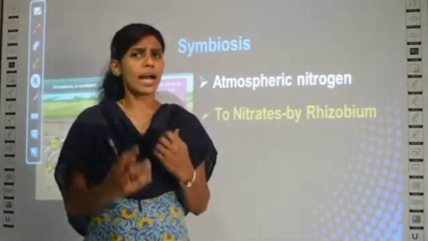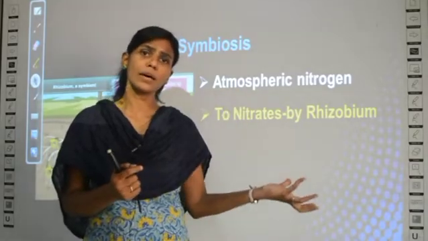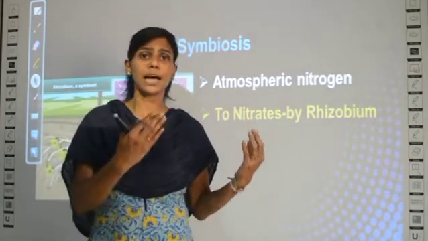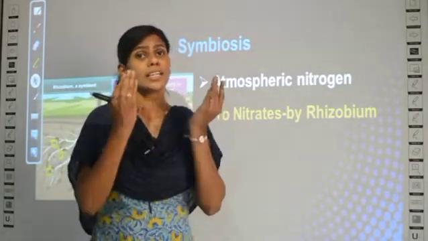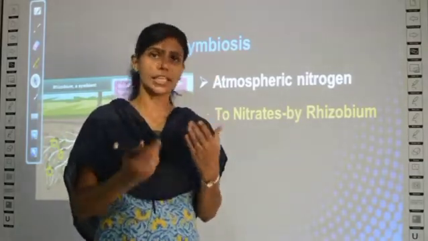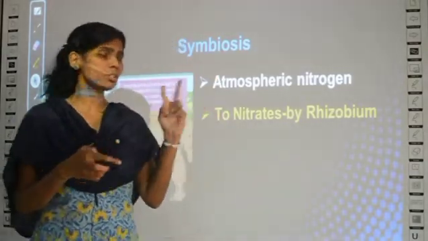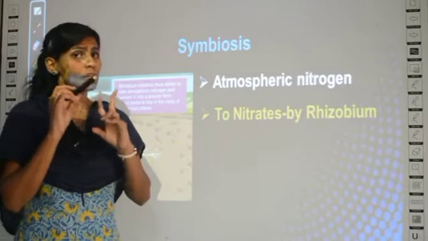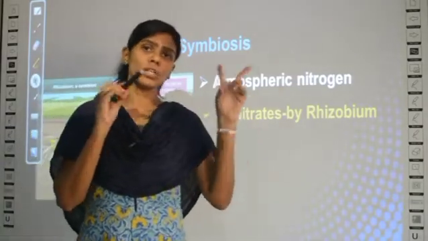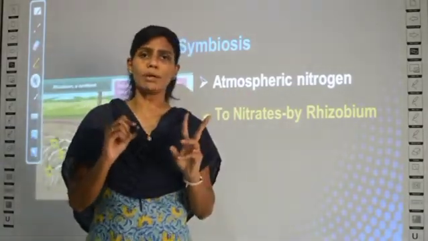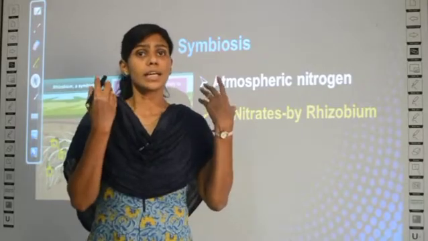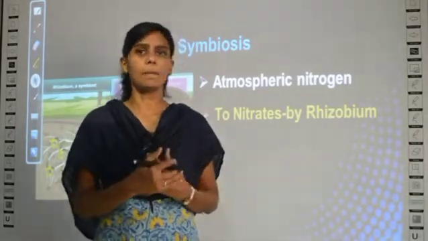So how is the bacteria benefiting the plant? The bacteria benefits the plant by providing nitrogen in the form of nitrates. I told you in this relationship both are benefited, right? So the first benefit is for the plant by the bacteria: it gives a nitrogen source to the plant.